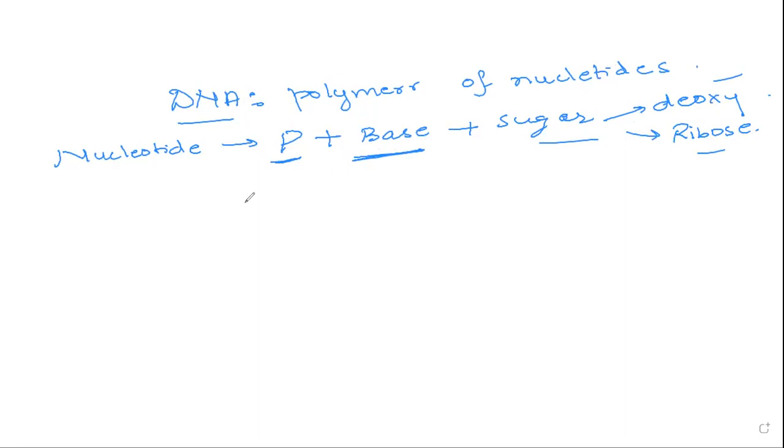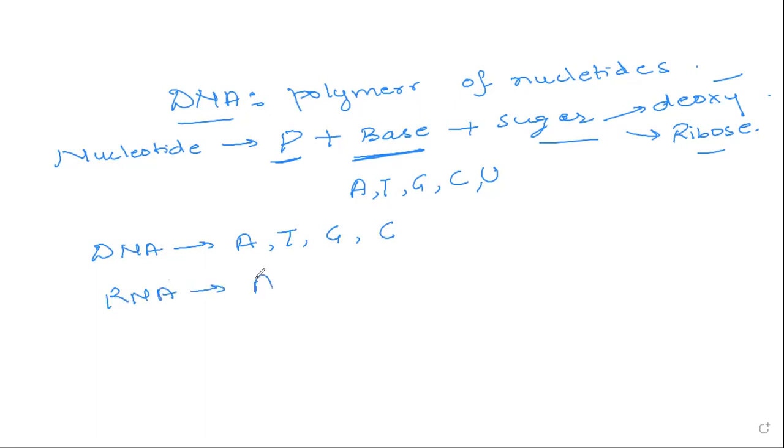A base is of 5 types. It can be adenine, thymine, guanine, cytosine, and uracil. But one kind of nucleic acid will only have 4 kinds of bases. DNA will have A, T, G, C, whereas RNA will have A, U, G, C. Now, if we compare, we can see that adenine, guanine, and cytosine are common to both the nucleic acids.